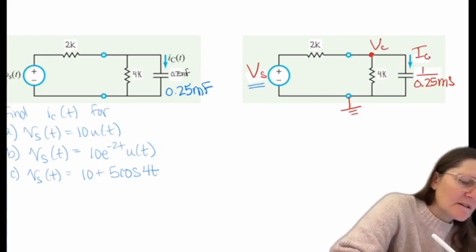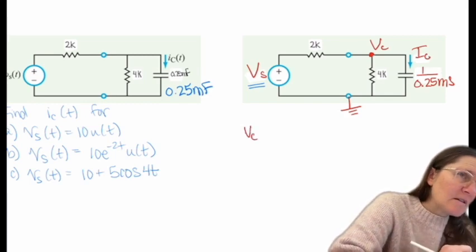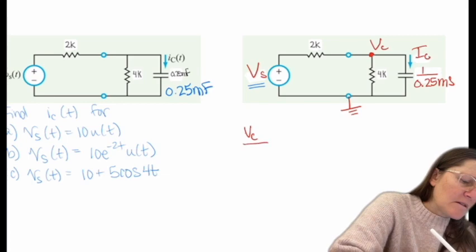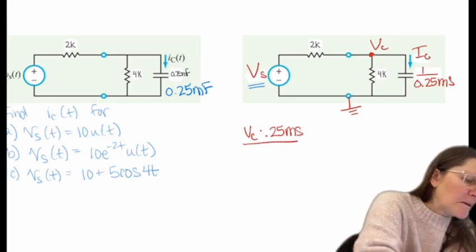My equation would be VC times 0.25 ms, plus VC over 4k, plus VC minus VS over 2k, equals 0.